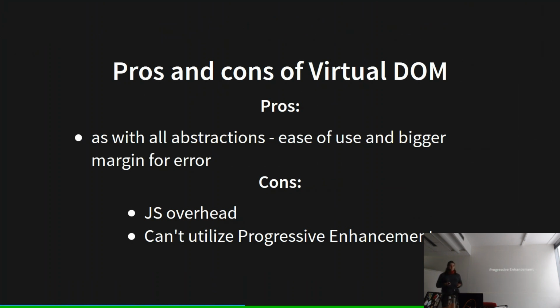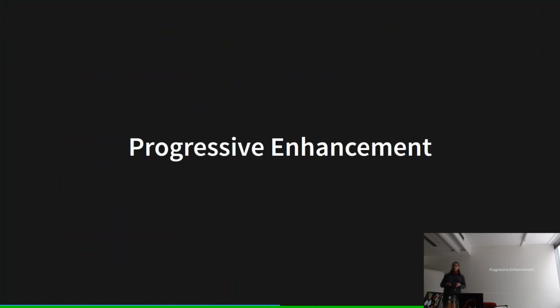For those of you who don't know what progressive enhancement is, it is an approach to web development in general, where you stack things up. So you start with HTML, which needs to be good. Then you add some functionalities with CSS.